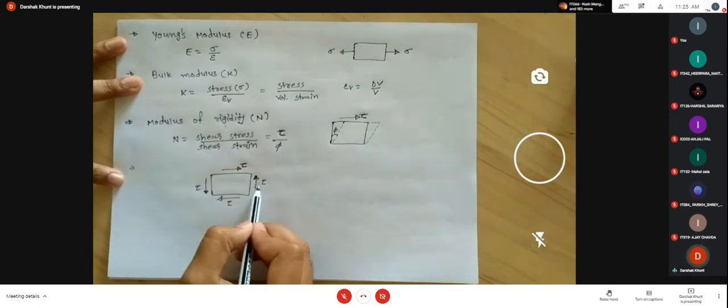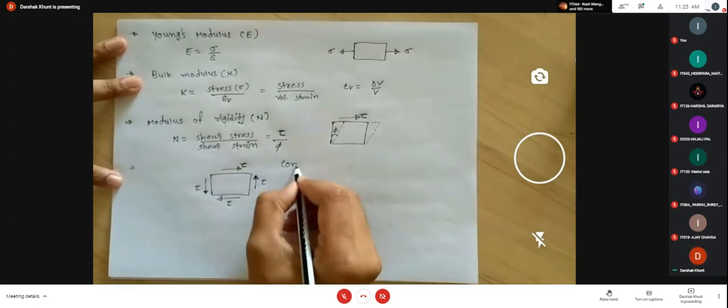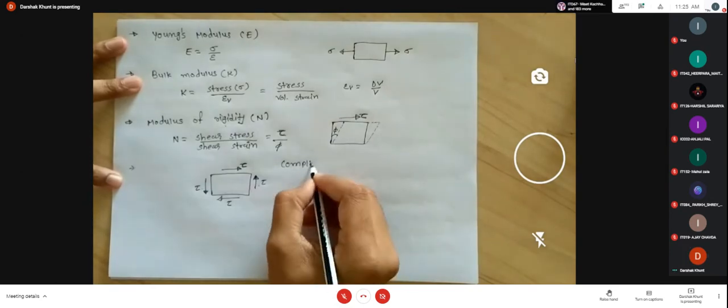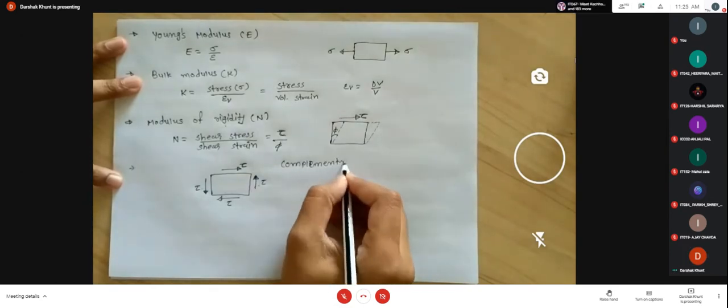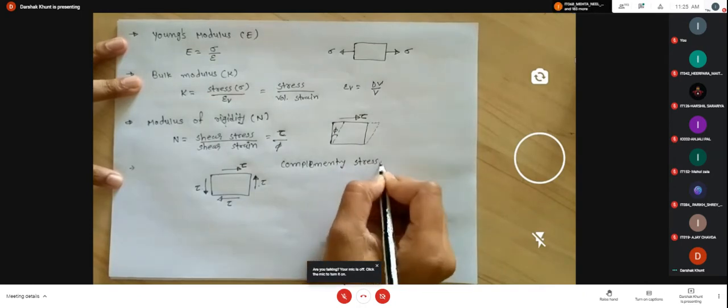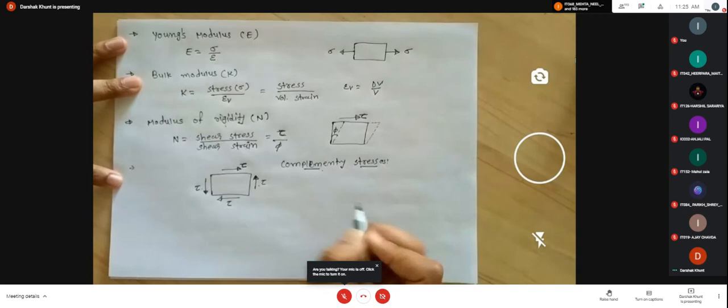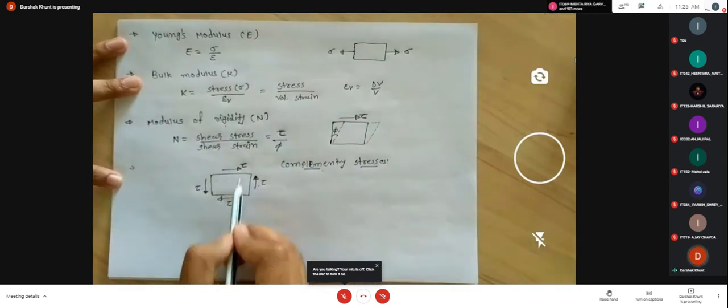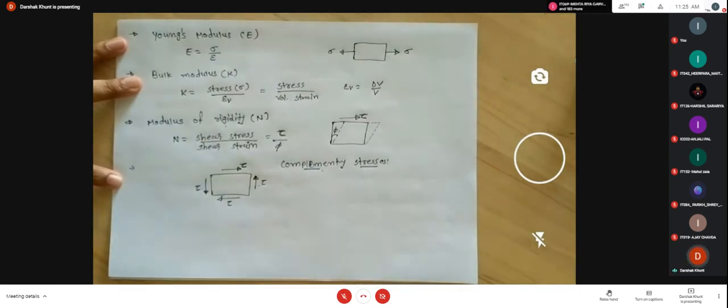This balancing stress is known as the complementary stress. So for any stress tau, a balancing stress is there and is known as the complementary stress.